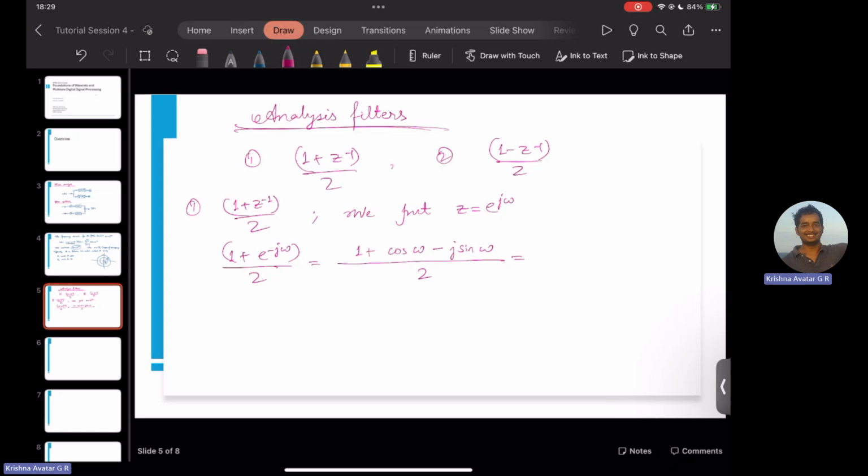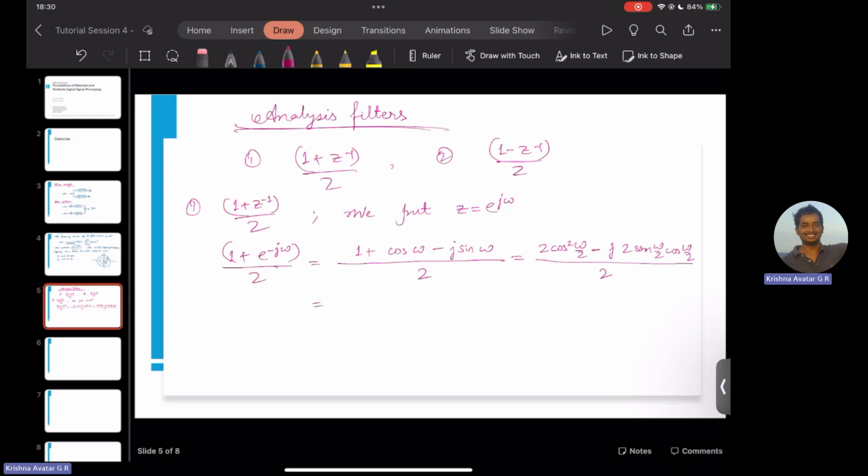Of course, this is going to be a long route, so I believe that's the reason why it has been done the other way. You have 1 plus cosine omega, which can be written as 2 cosine square omega by 2. Likewise, minus j, and sine omega is 2 sine omega by 2 cosine omega by 2, whole divided by 2.